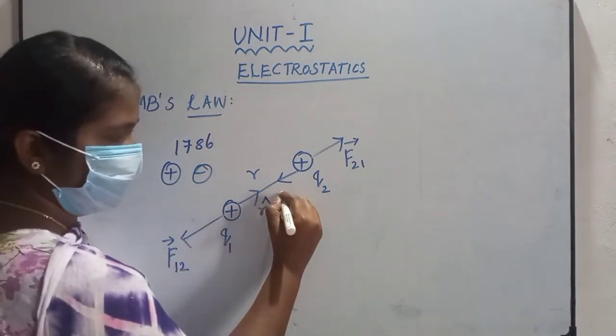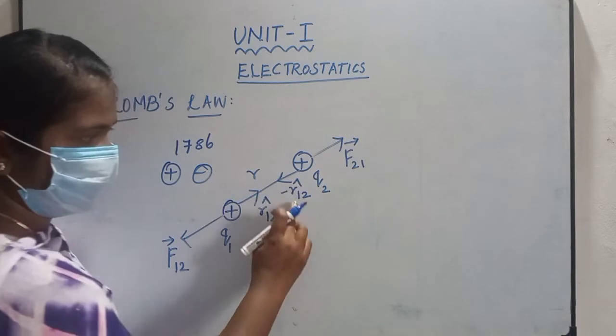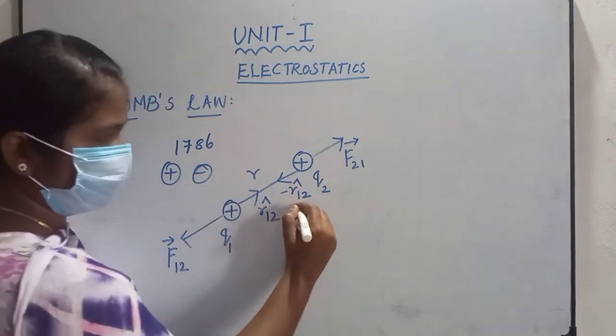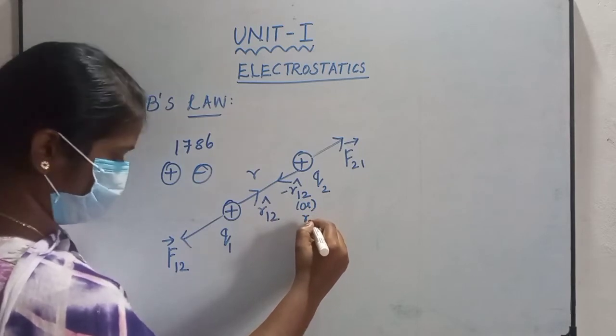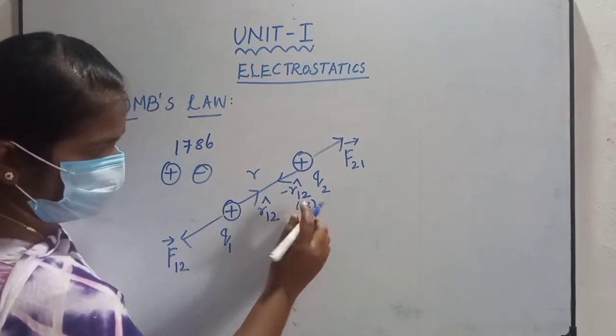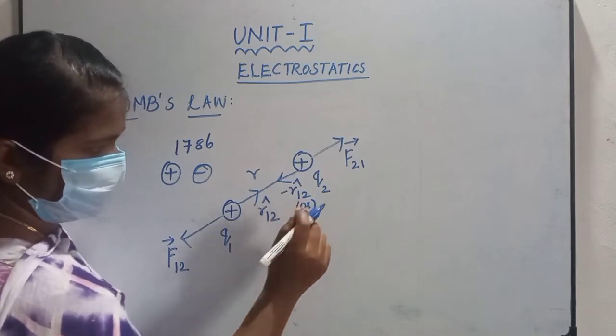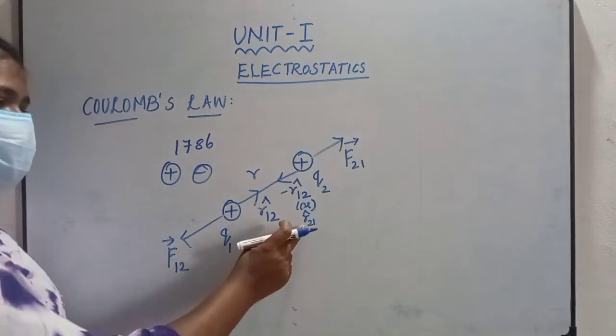So I write it as minus r12 vector, or r21 cap.